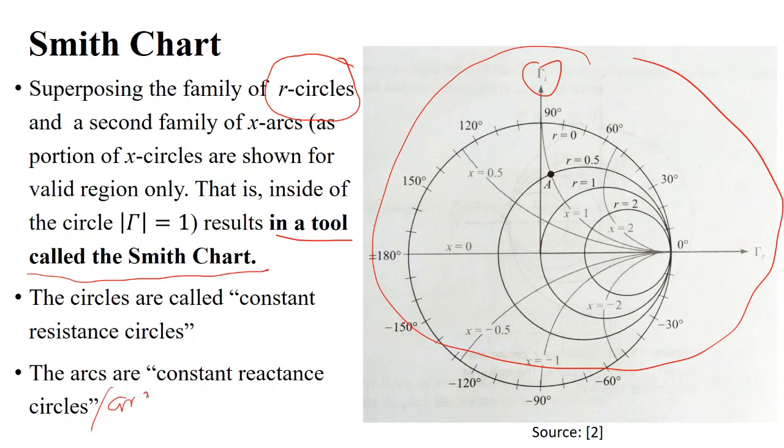What it means is, if you know the normalized impedance, that is R plus jX, then without using the mathematical formula to convert into the reflection coefficient, directly with this technique you just find R and find X, and find the point where these two intersect. The R circles and the X arcs intersecting is the point of the normalized load.